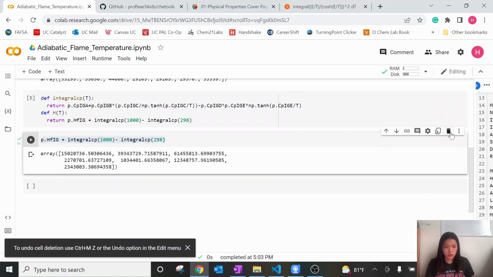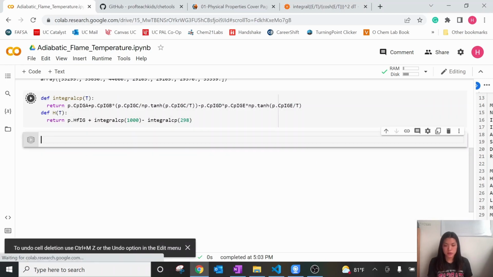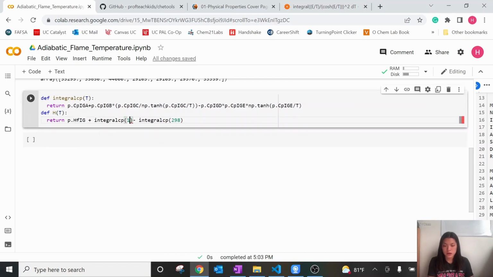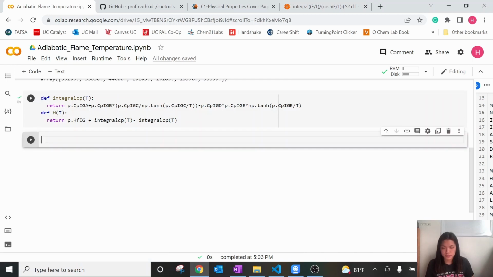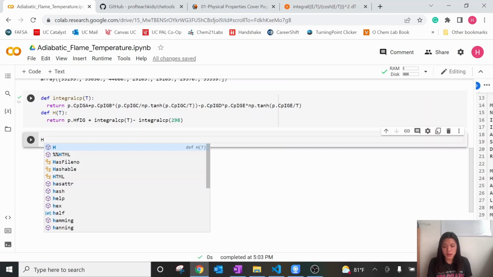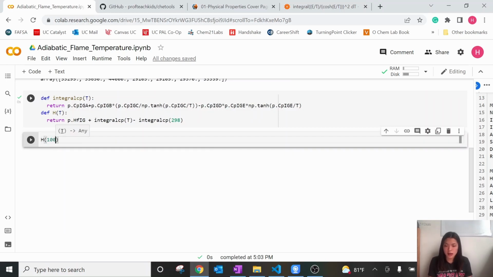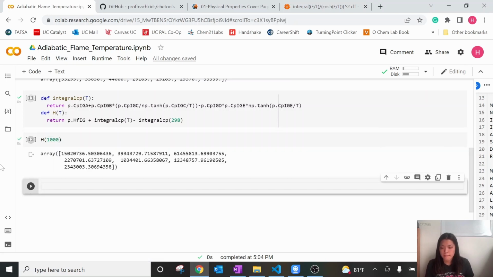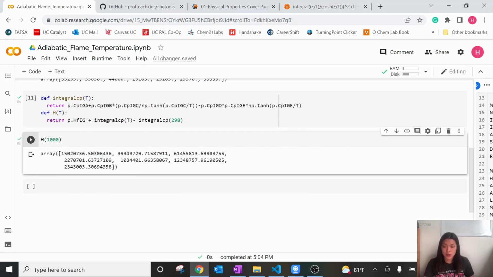Now if we shift enter, we can find the enthalpy, let's say at 1000. Those are the enthalpies that we did earlier. It's just now in a function for us to easily access.